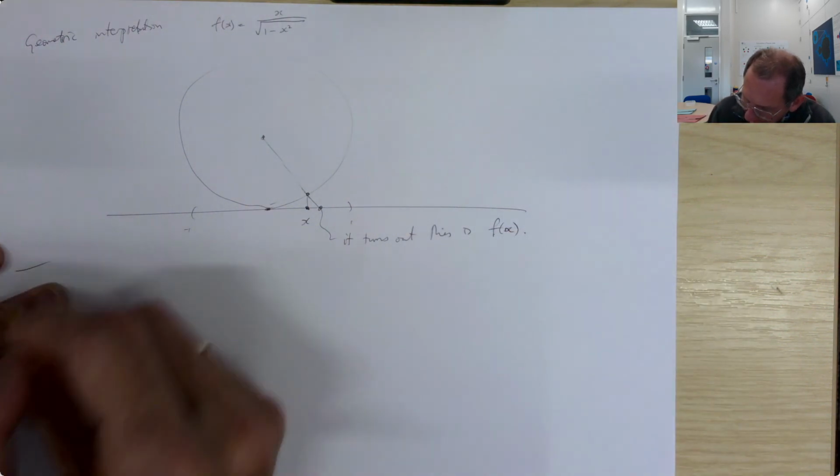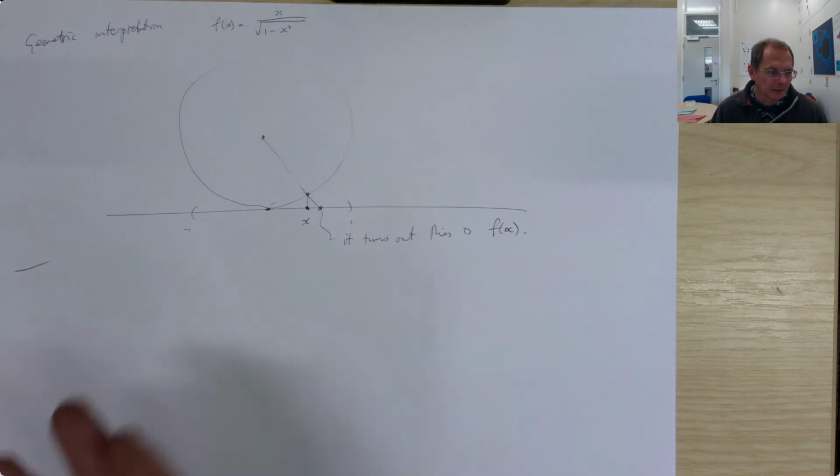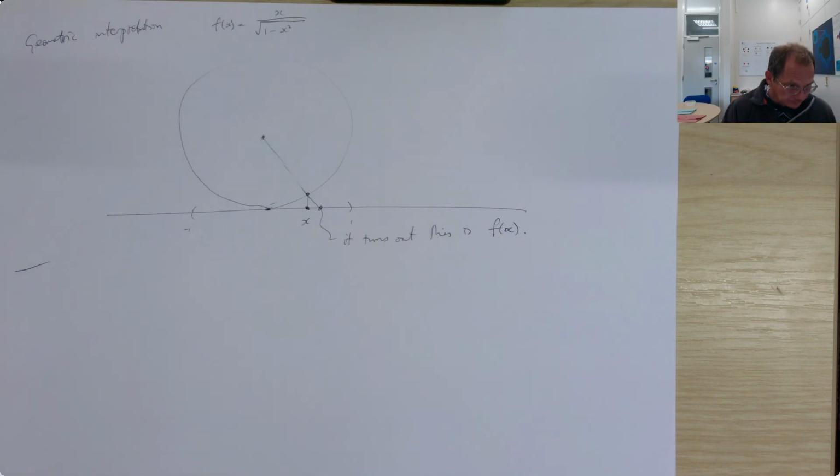I think I won't give the calculation here, but you can find it in the notes if you want. Okay, so that will be enough examples of homeomorphism just for the minute.